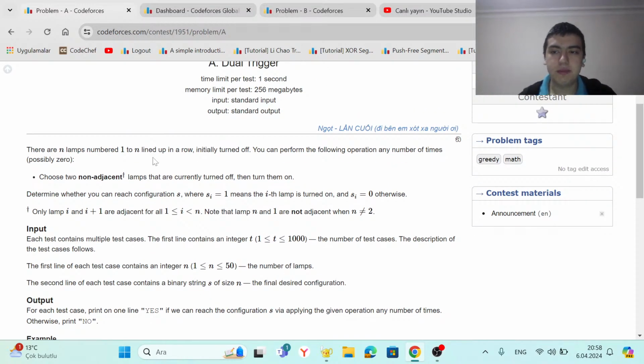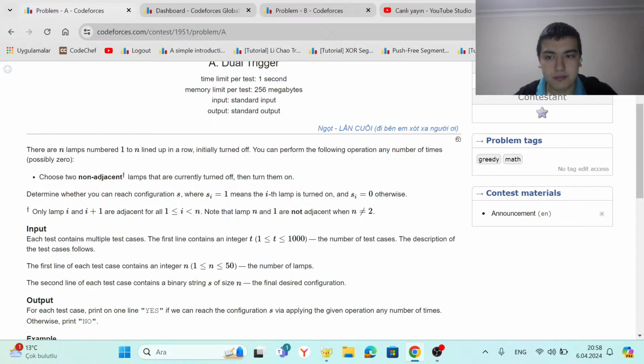Now in the problem, it says there are n lamps numbered from 1 to n, which are initially turned off. We can perform the following operation any number of times. We can choose two non-adjacent lamps that are currently turned off, and we can turn both of them on.